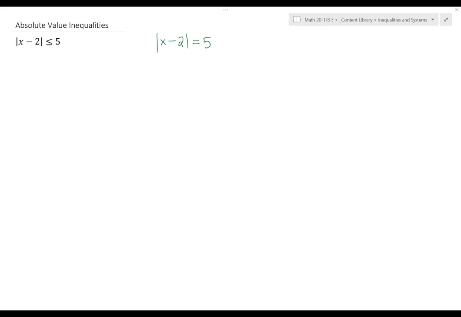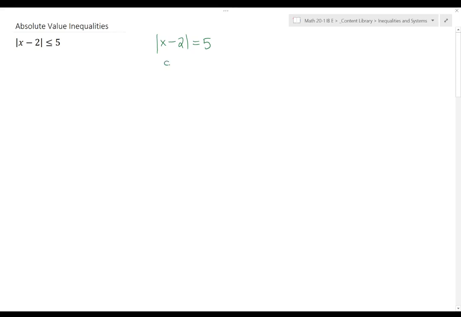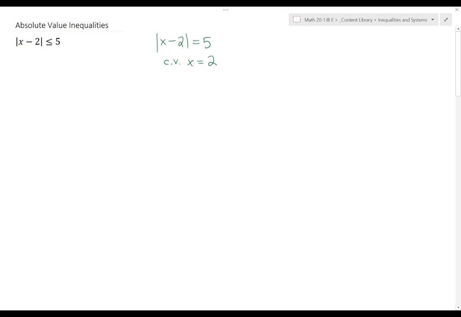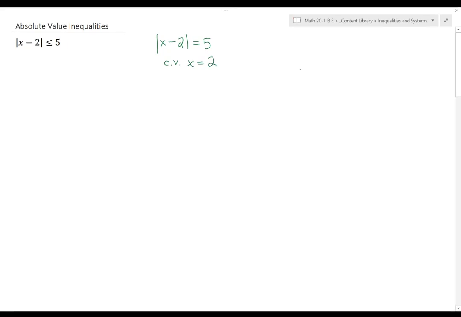Now, when solving an absolute value equation, we do have critical values related to the absolute value. We've got to be clear and careful here. The critical value here of x equals 2 is not necessarily a critical value for the inequality. It's just what we need in order to solve the equation.